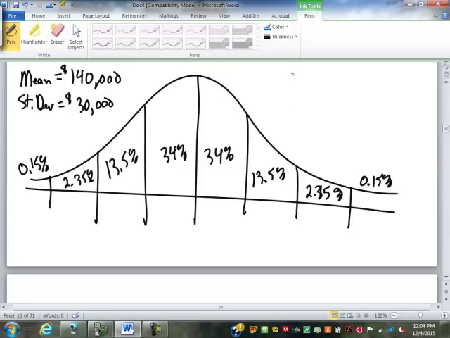So that part of the curve is always the same. It's the numbers down below that change because of the mean and standard deviation.